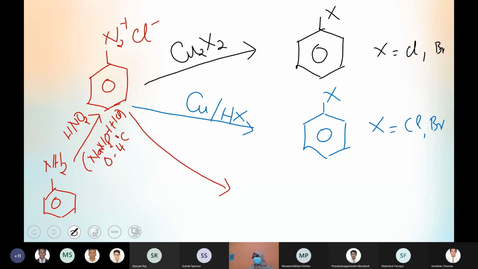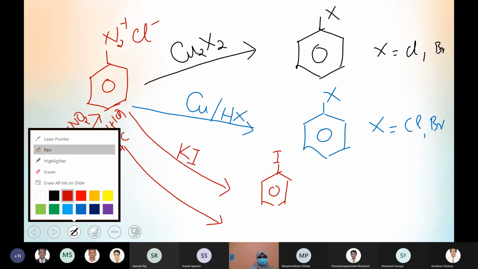Third one is preparation of iodo compound. If you have to prepare an iodo compound, you will be heating it with potassium iodide, so that you will get the iodo product. Next is to get a fluoro product.